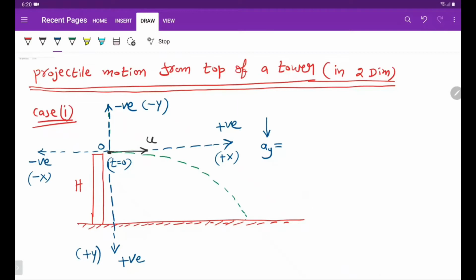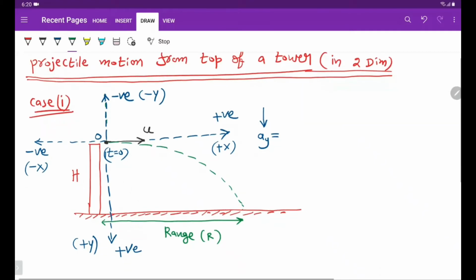Finally, this particle will reach the bottom of the building. From the bottom of the building, from here to here, this distance is called range. We call it range R, and H is the building height.